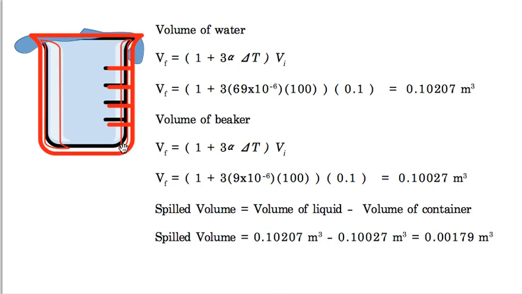That's why we have to subtract the volume of the container from the full volume of the liquid to know what's going to be on the outside, what's going to be spilling out. So we subtract these two new amounts and we get this. This little amount is how much water is going to be spilled when you increase the temperature of the glass and also the water.